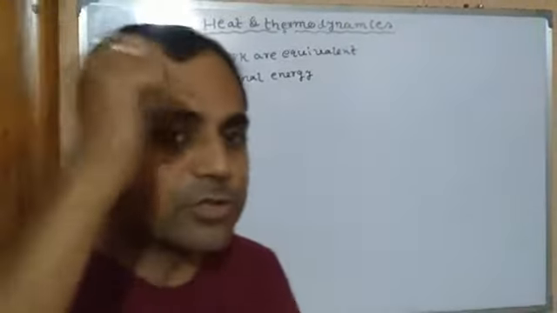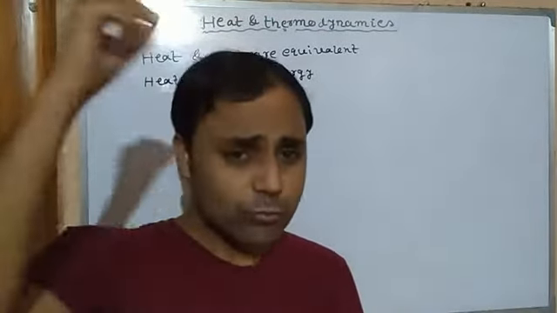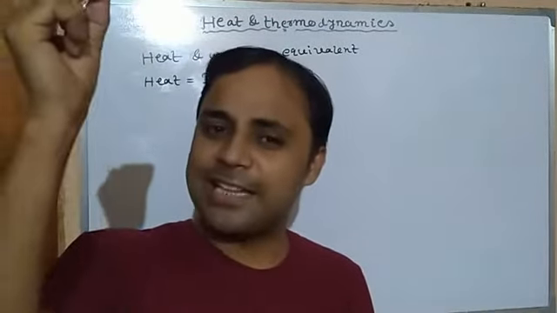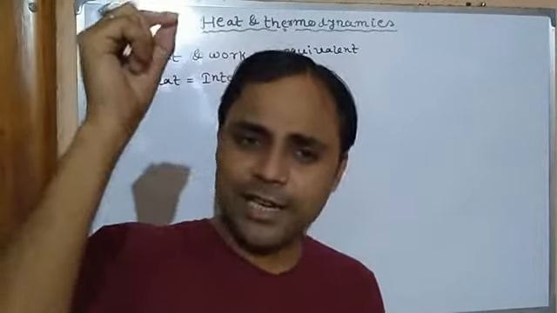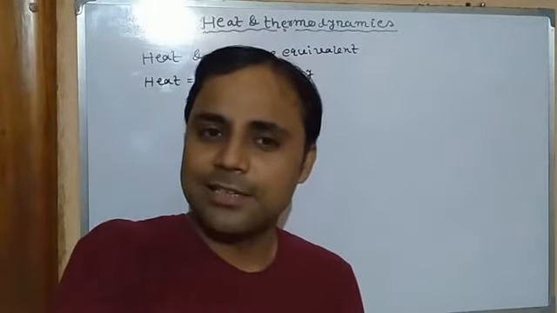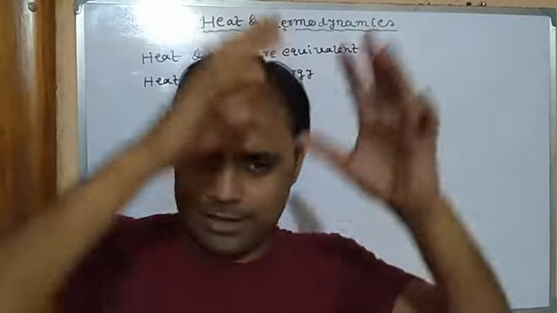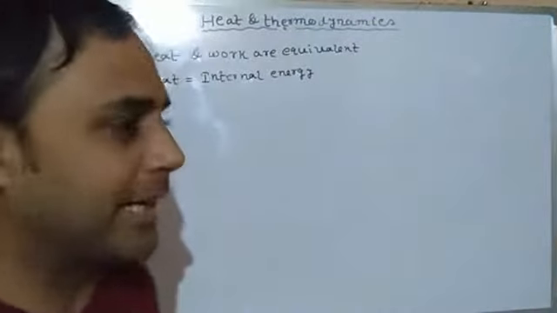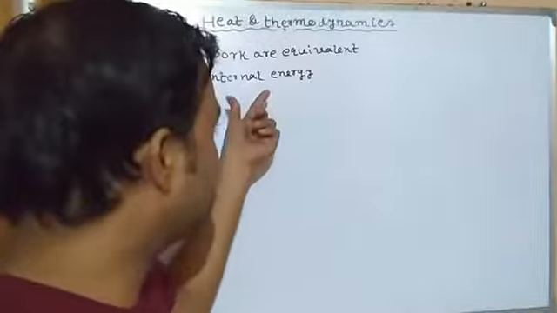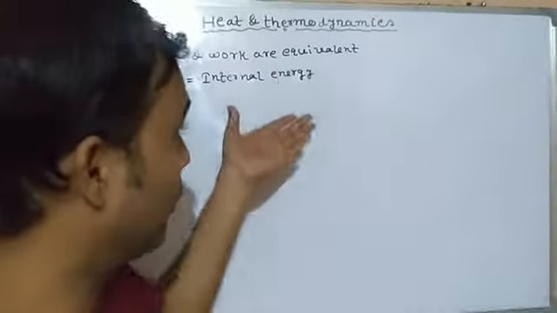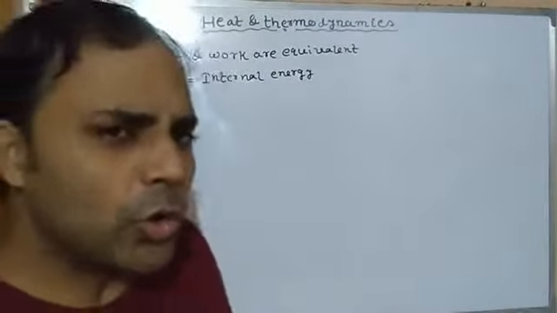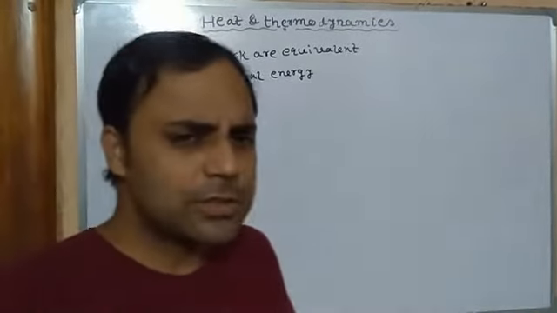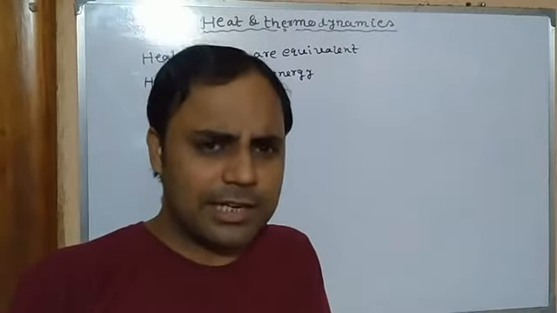Where do molecules reside? Molecules reside inside every material, it is not the entire body on the outside. So that's why it is called the internal energy, since it is the absorbed energy of the molecules.